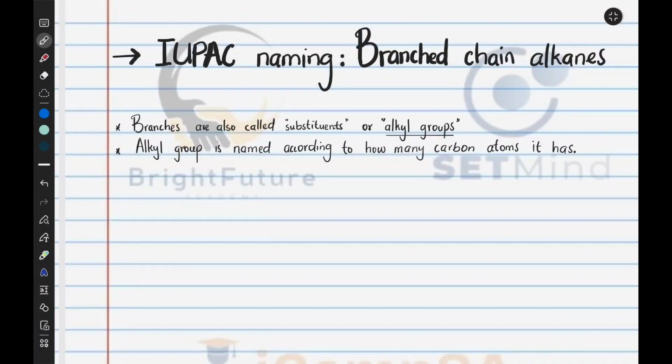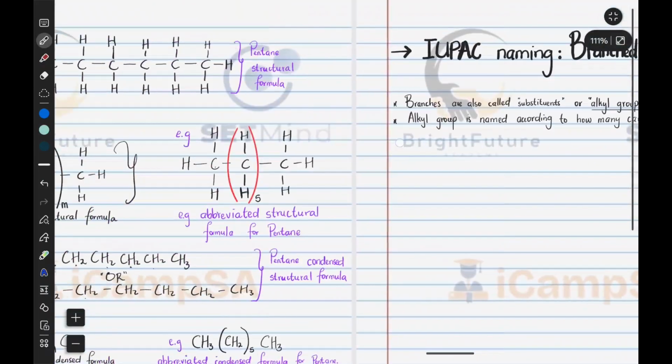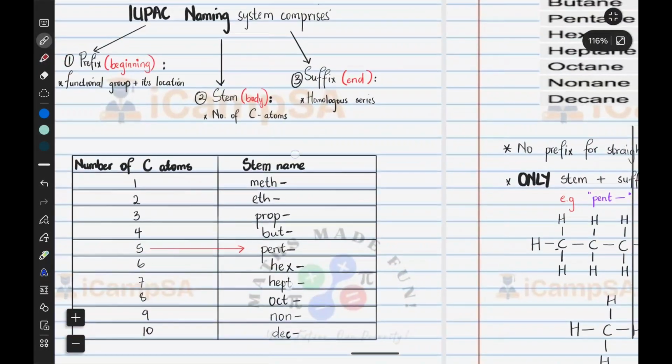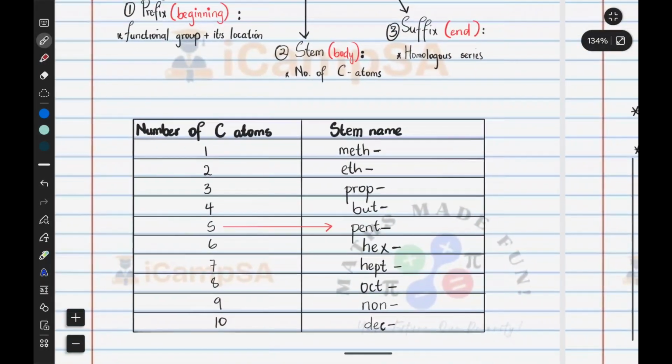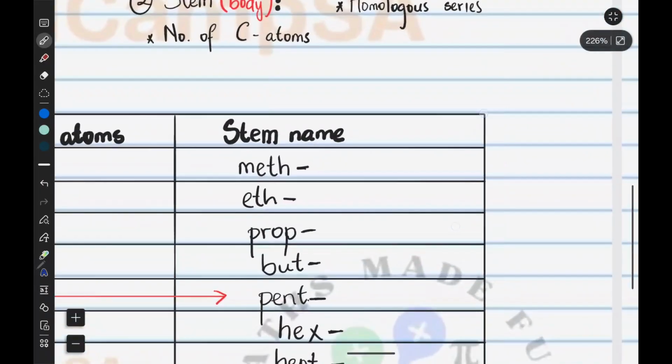So what does the naming convention look like? It's the same as when we were giving stem names based on the number of carbon atoms, but the only difference is they are no longer incomplete. A stem name needs a suffix to complete it. So we would have meth, and then the suffix would come from the homologous series.